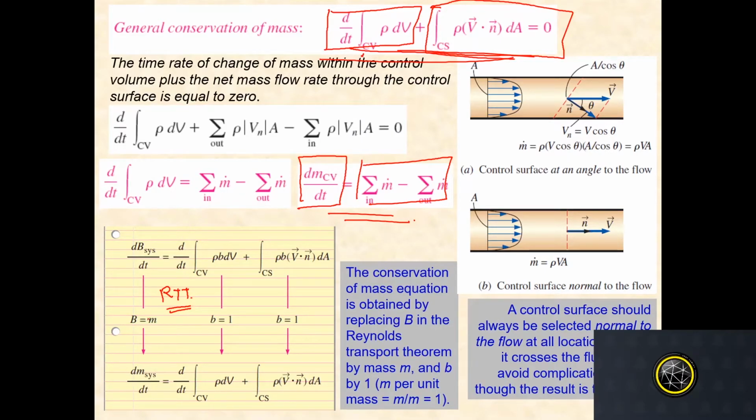If you want to talk about the conservation of mass, just substitute B with M, and the lowercase b is the same as the capital B per unit M. So if B equals M, this becomes M over M. That's why b equals 1, because it is mass per unit of mass, so it becomes 1.